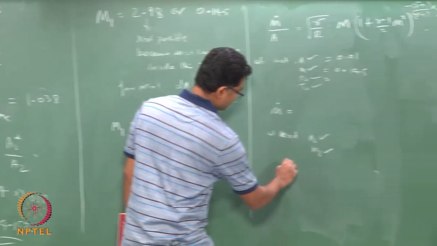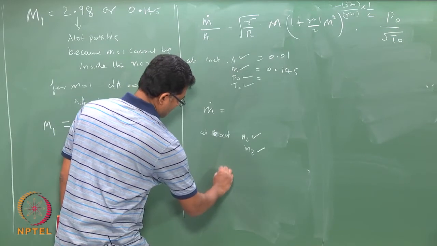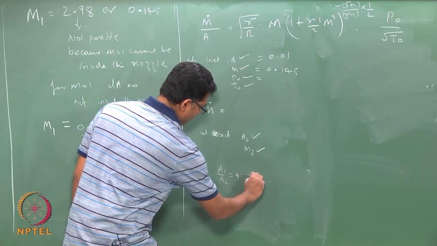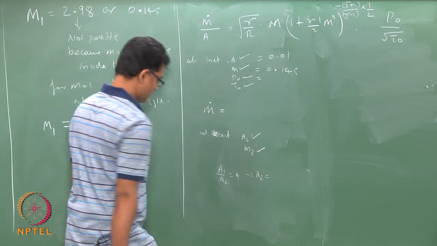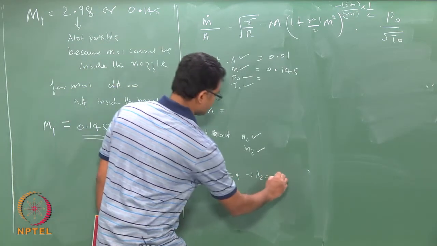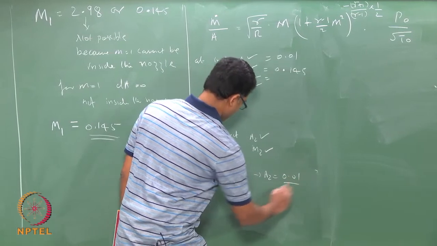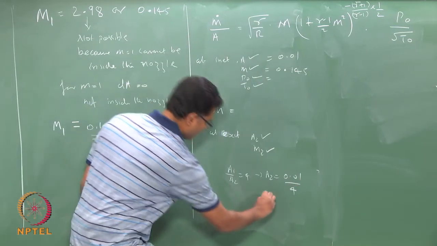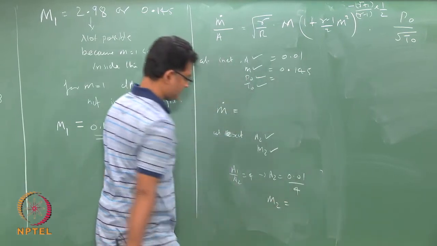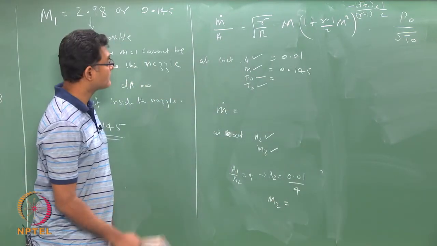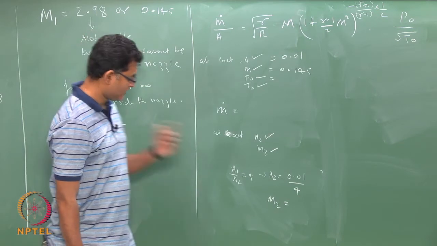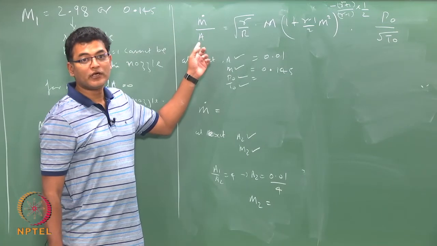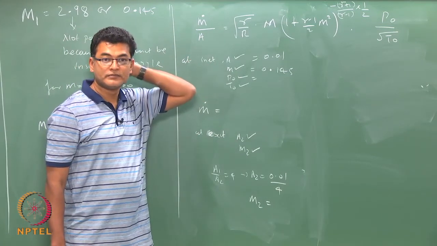So, if your area ratio A1 by A2 is 4, I can find my A2 to be A1, which is 0.01 divided by 4. If I know this, I can use my M2. So, for this area and this M2, I can compute my m dot, which should be the same.